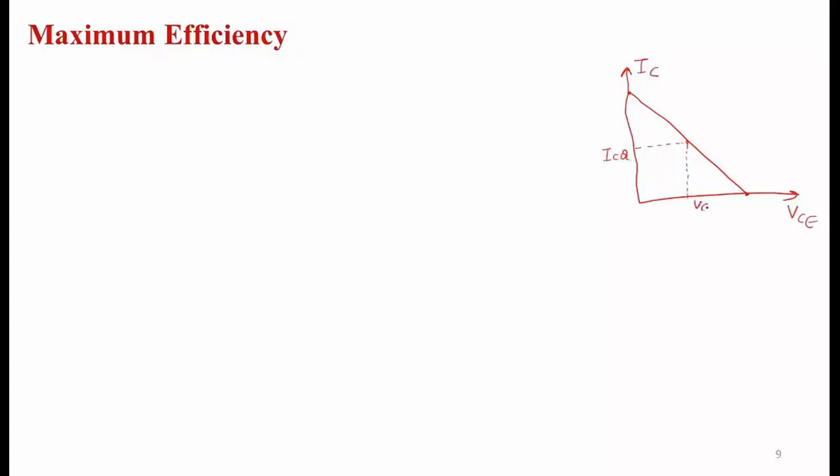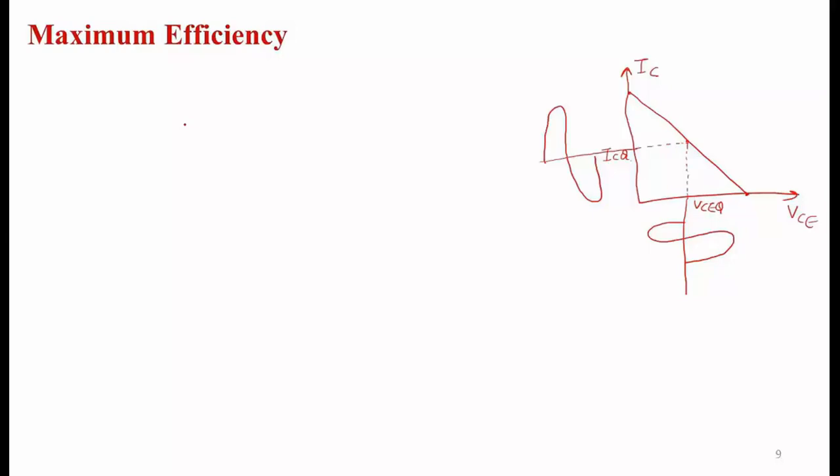Here we have the VCEQ. If we show the swing of the collector current, then this is the full swing of the collector current, and here we have the swing of the collector emitter voltage.